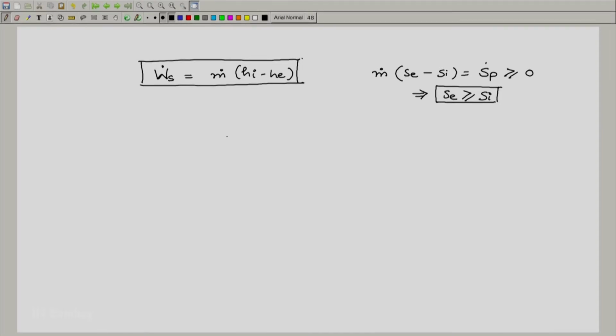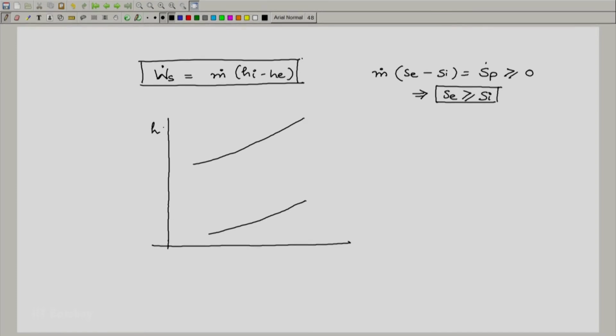And what one does is plots it on an HS diagram as follows. Here H is normally drawn on the y axis and S on the x axis, and we draw two isobars representing inlet and exit states. These are because for a turbine and for a compressor and pump and even for fans, one operates between two pressures.